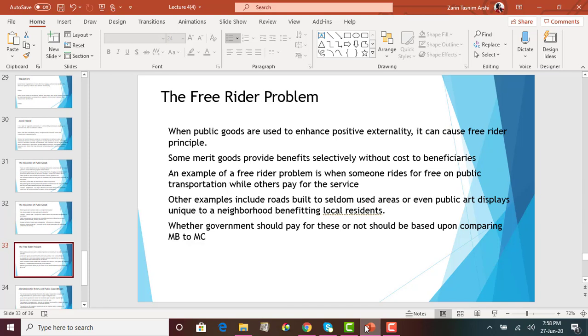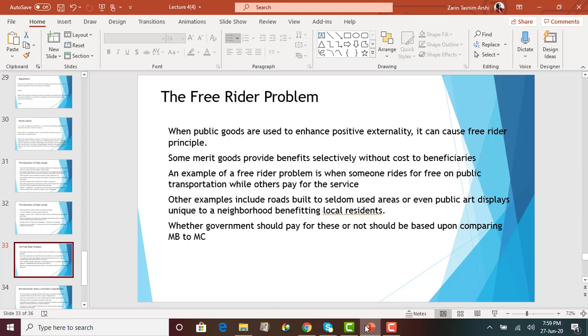When public goods are used to enhance positive externalities, it can use the cost free rider principle. Now this is another problem. Public goods ultimately create a free rider problem because these goods are non-exclusive and non-rival. So what is a free rider? Some people will pay for it and enjoy the benefit, while others will not pay for it at all but still enjoy the benefit.